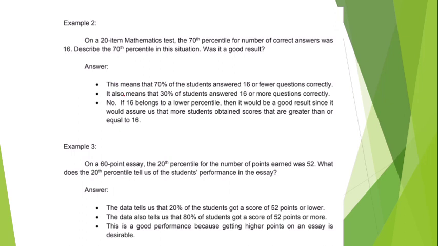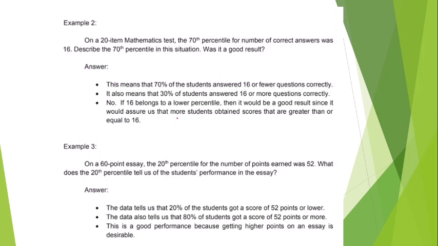It also means that 30% of the students answered 16 or more questions correctly. Was it a good result? If 16 belonged to a lower percentile, then it would be a good result since it would assure us that more students obtained scores greater than or equal to 16. So that's not good, because the 16 is in the higher percentile.